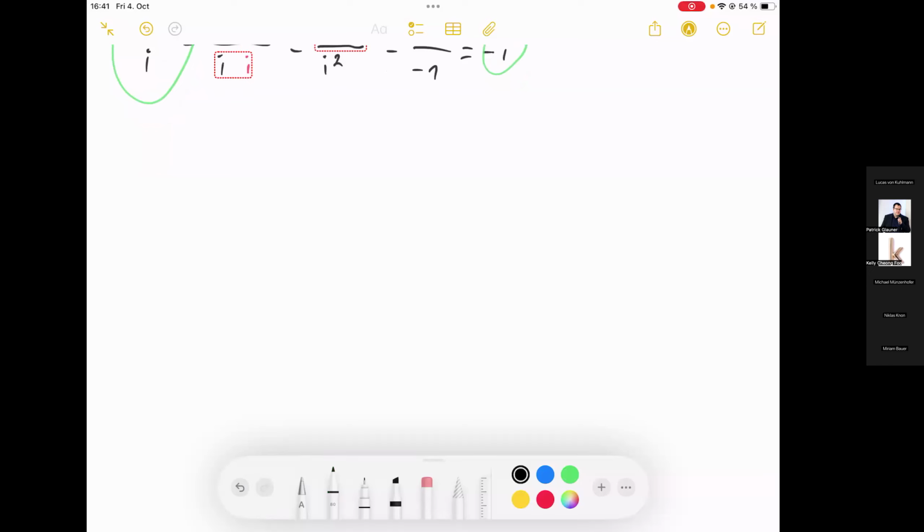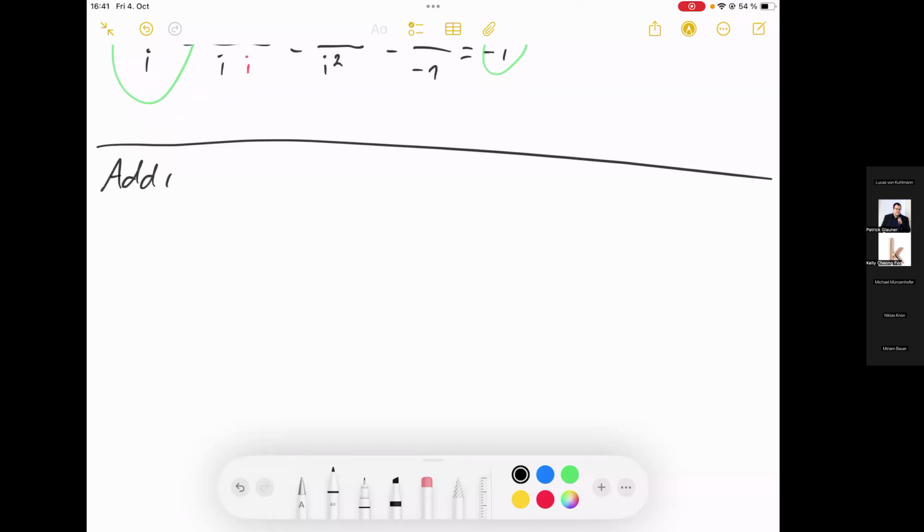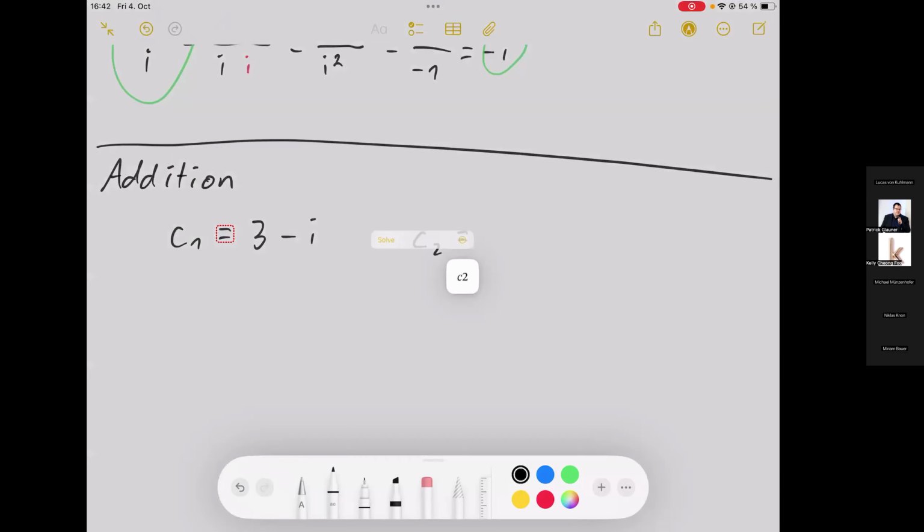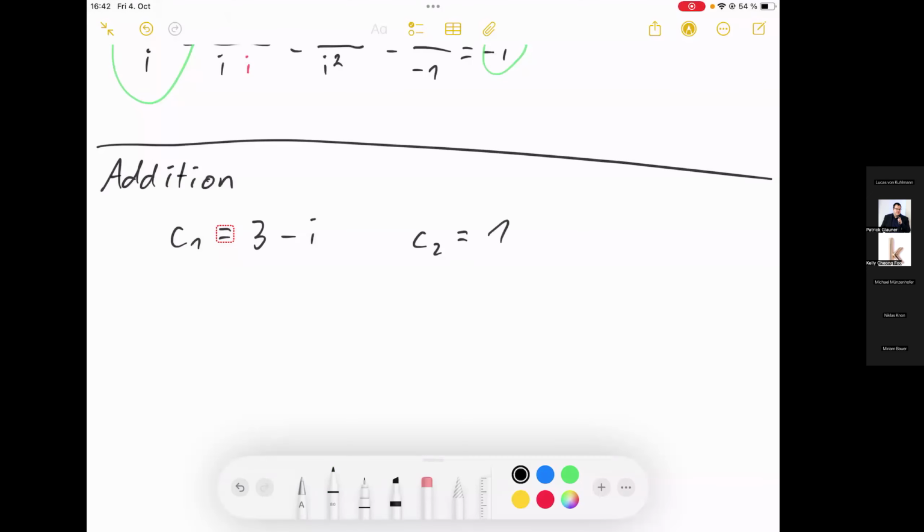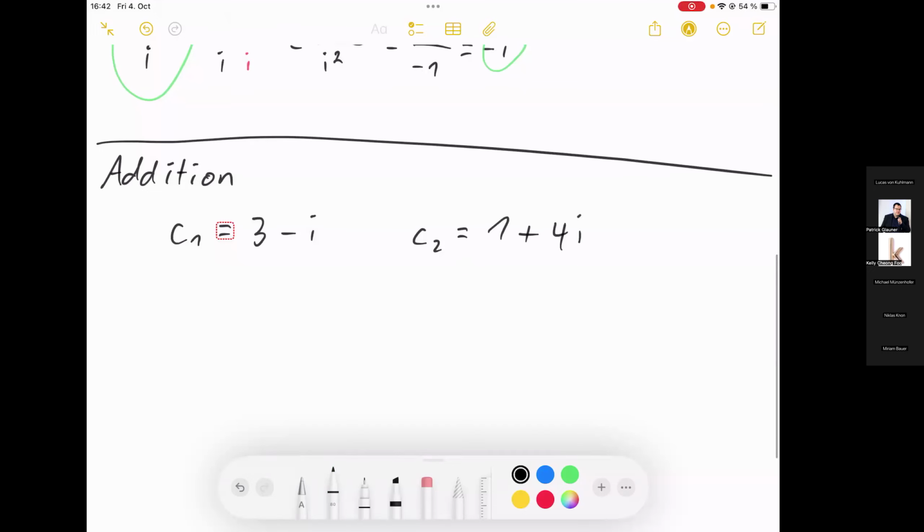So we can start with addition of complex numbers. We can say we have a complex number C1, which is 3 minus I. So A is 3 and B is -1. We can have a second complex number C2, which is 1 plus 4I.